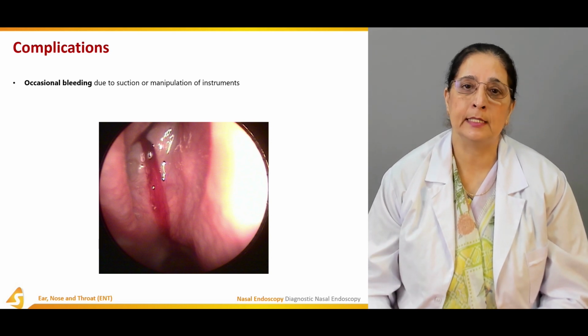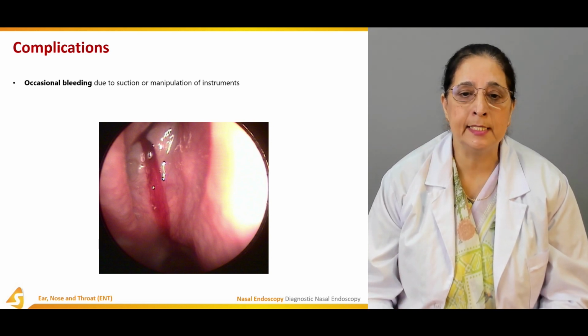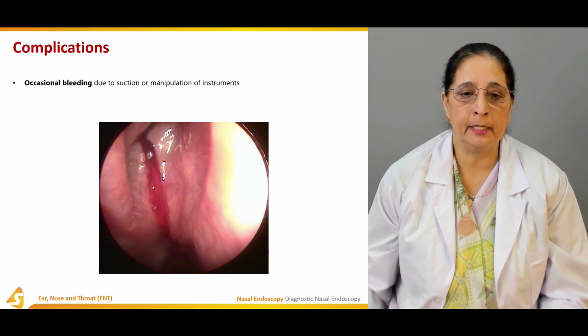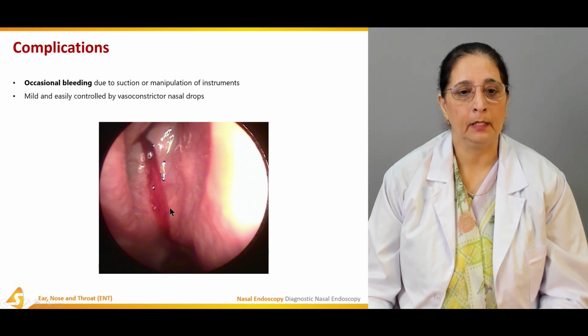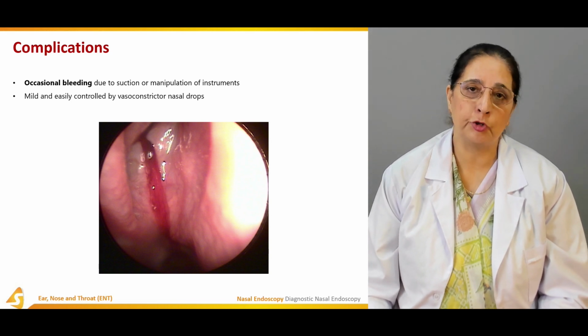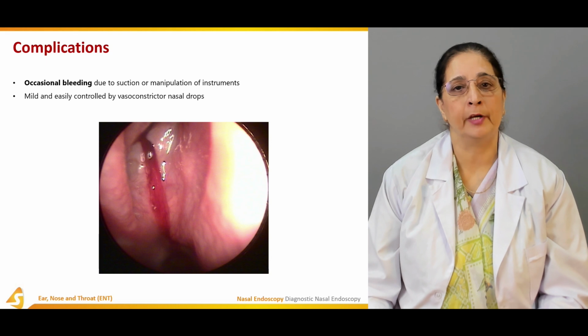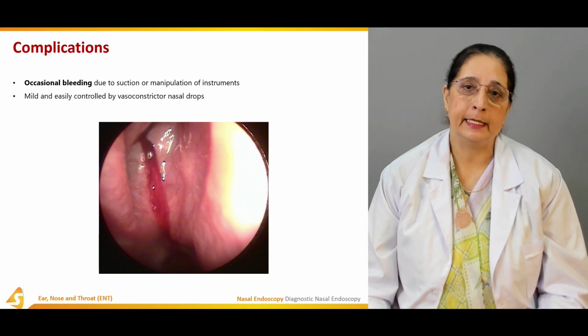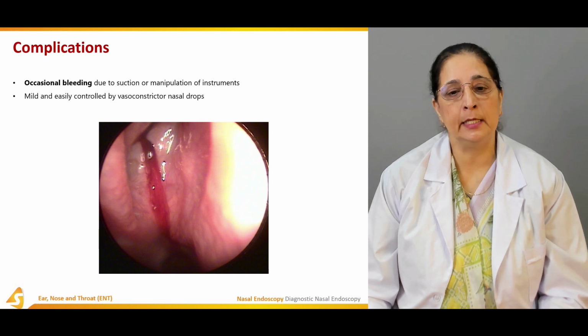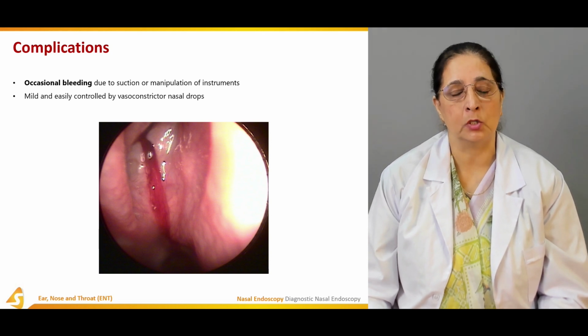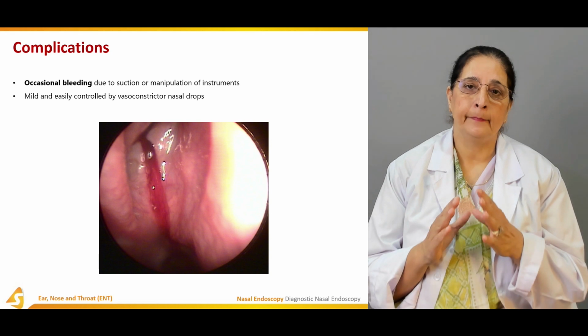There are chances that there might be bleeding as a result of the manipulation by the instruments. Mild and easily controlled. Vasoconstrictor nasal drops can be used to prevent this complication, which is the bleeding from the nose.